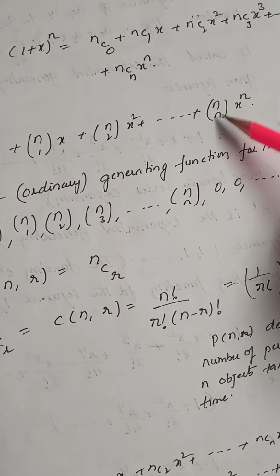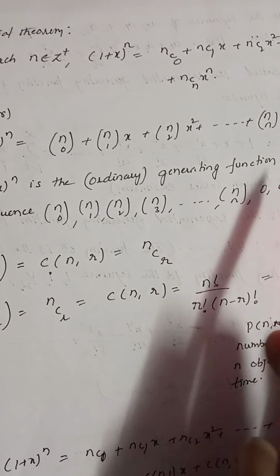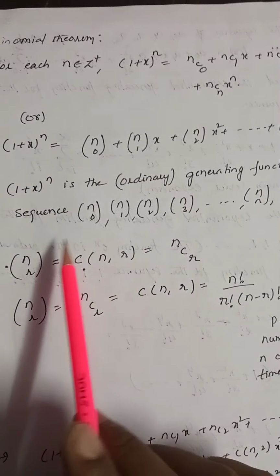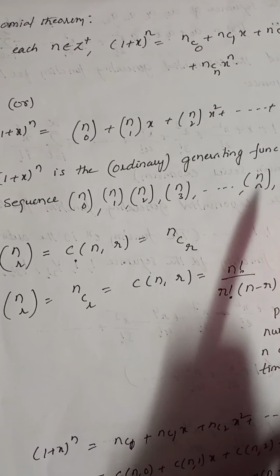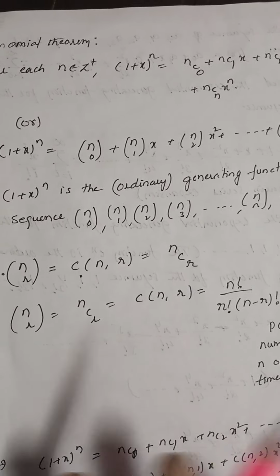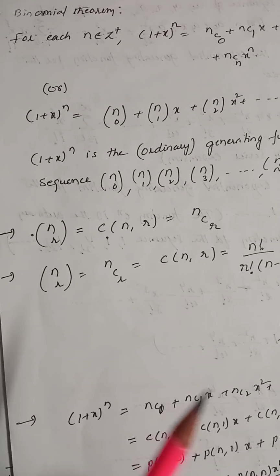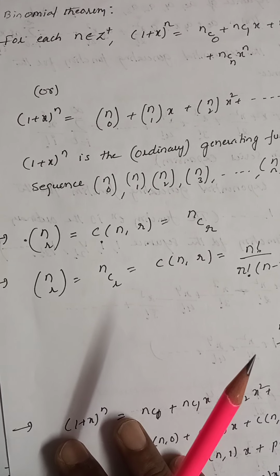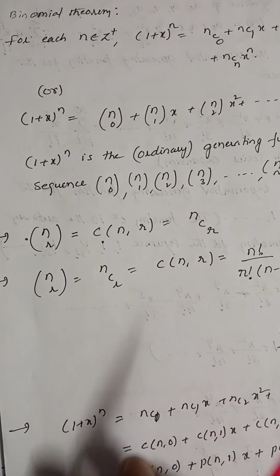This means nCn, right? Now (n 1) means nC1. (1 + x)^n is an ordinary generating function for the sequence nC0, nC1, nC2, nC3, and so on, nCn, then 0, 0, and so on, right?